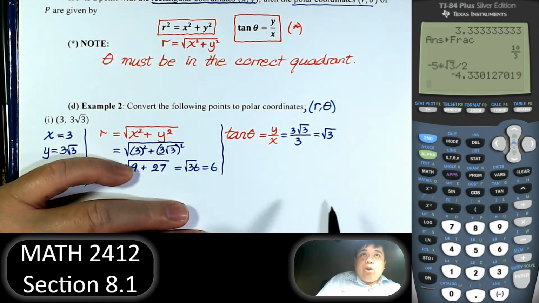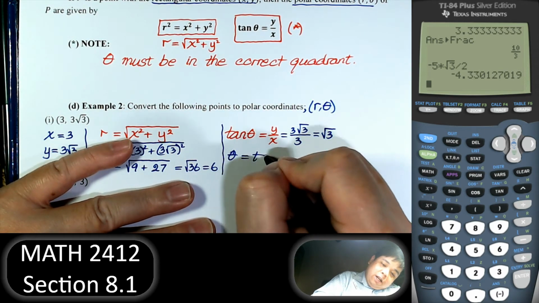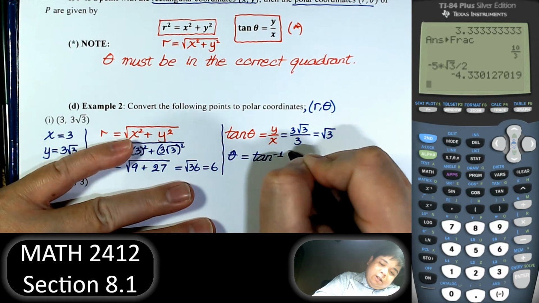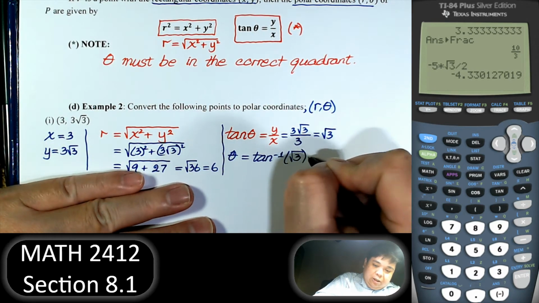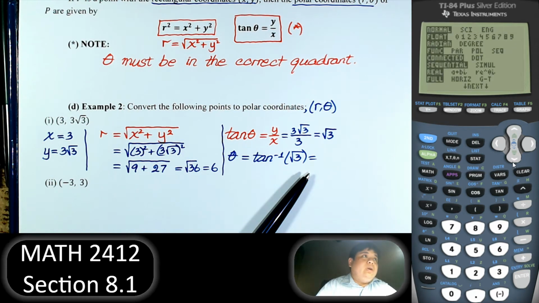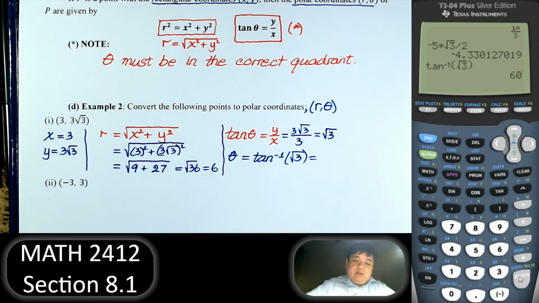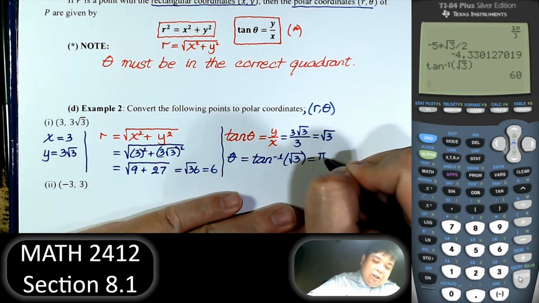So if tangent is equal to square root of 3, then theta is equal to tangent inverse of square root of 3. And if we use tangent inverse, make sure to be in degree mode so we can easily recognize the angle. That's 60 degrees, or we can say pi over 3.